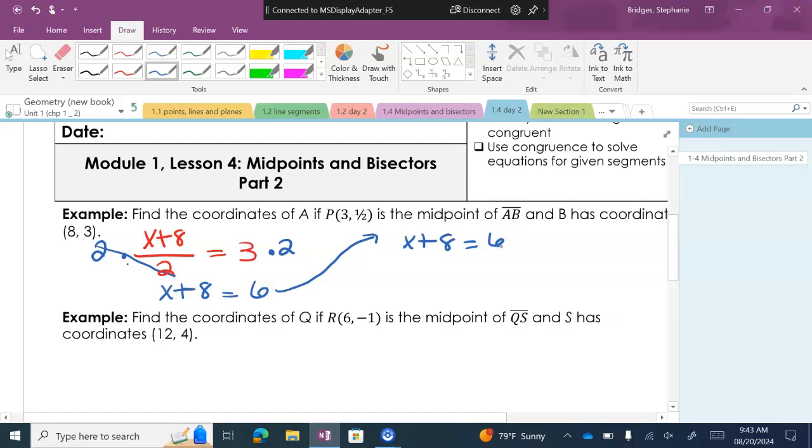And then if I wanted to continue solving that for x, what would I do? Subtract the 8, yep. And so x is going to equal negative 2. So the x value in my A is going to be negative 2.